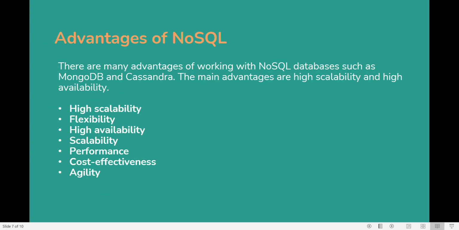They are highly scalable and highly available. High scalability, flexibility, high availability, performance, cost effectiveness and agility. So basically, these are the advantages of NoSQL. In this way, we can use NoSQL and profit from it.